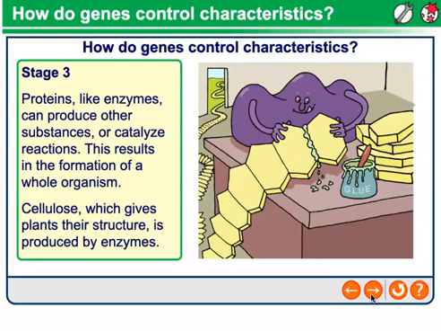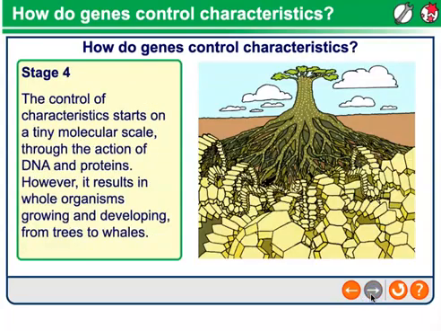This results in the formation of a whole organism. Cellulose, which gives plants their structure, is produced by enzymes. Stage 4. The control of characteristics starts on a tiny molecular scale through the action of DNA and proteins. However, it results in whole organisms growing and developing, from trees to whales.